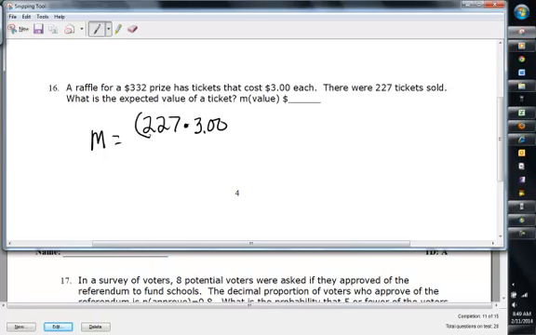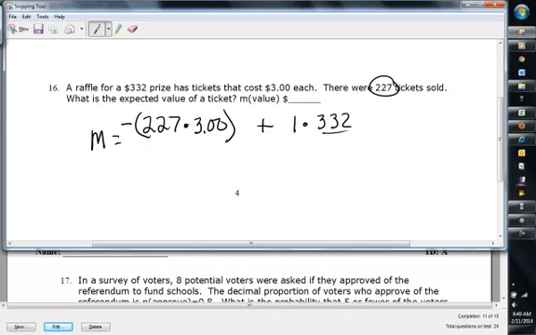But that's how much people are going to lose. There's one person that's going to win, but he's not going to win the whole $332. Well, I guess we'll do it that way. Everybody's going to lose $3. This person is going to also gain 332.